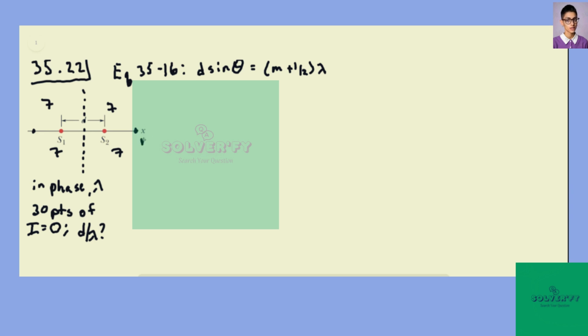And so this will be m equals 7. And so this corresponds to a theta of 90 degrees in this equation.